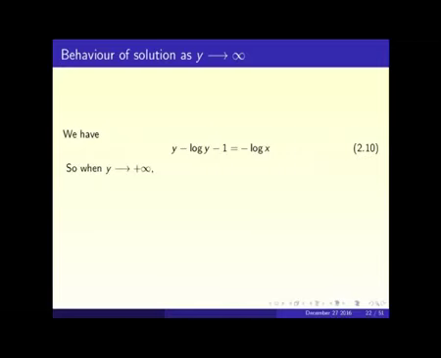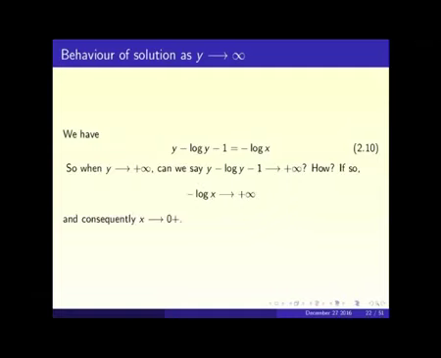So when y goes to infinity, is it correct to say y minus log y minus 1 also goes to plus infinity? If so, then minus log x must go to plus infinity, so x must go to 0.